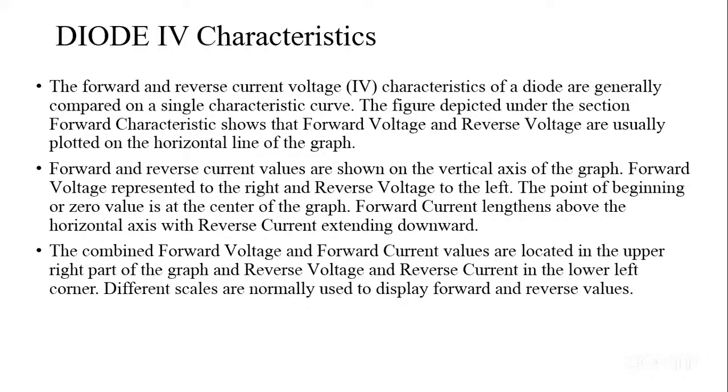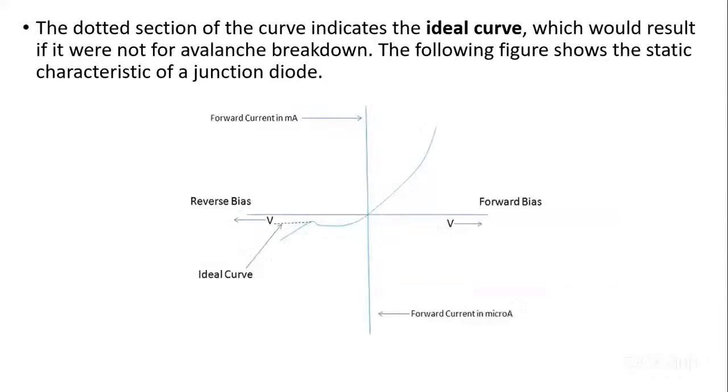Forward characteristics show that forward voltage and reverse voltage are usually plotted on the horizontal line. Forward voltage, this is the forward voltage. Reverse are plotted on the horizontal line, while the forward current is plotted on the vertical axis, that is the y-axis.